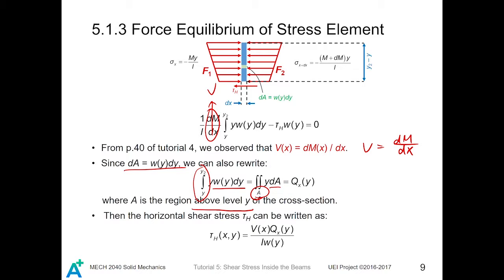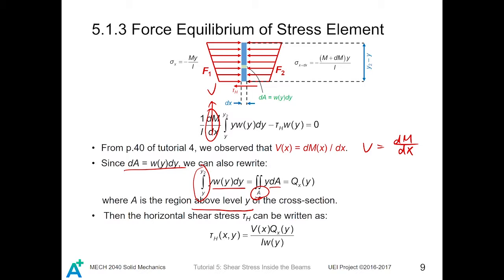Another observation is that this integral is rather familiar, right? We introduced in tutorial 0 that it is the first moment of area with respect to the horizontal axis, which is Qx of y. So in the later stage, you will do some examples where you find the first moment of area above a certain level of y.